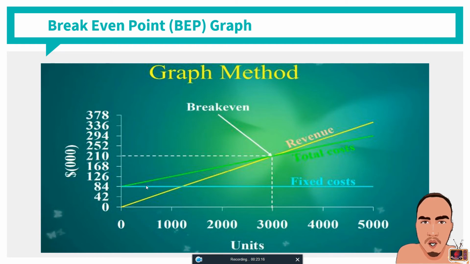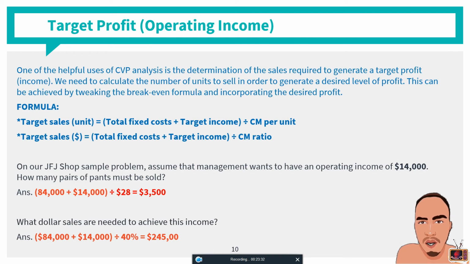It's okay if we have the total cost increasing as long as it is compensated by the revenue generated. Then, of course, after the break-even, we would target an income, or we will have a target profit or operating income.